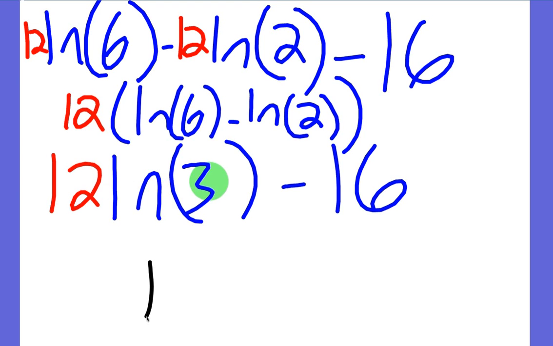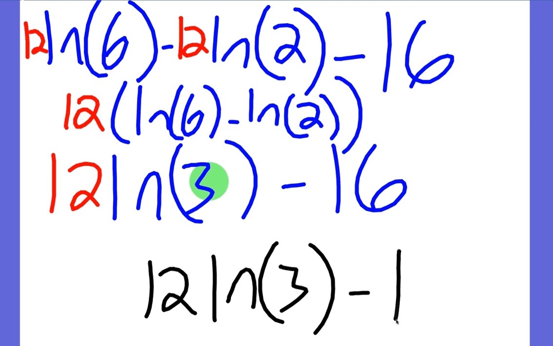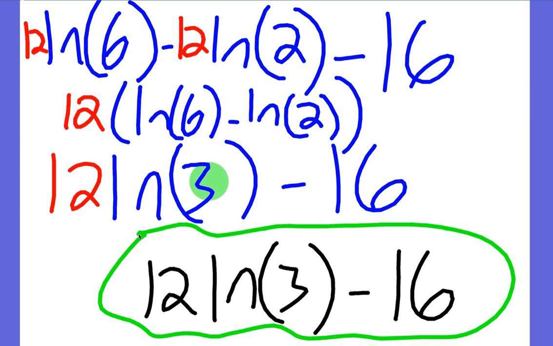So I'm just going to rewrite this answer. And again, if you're taking a test or something, you want to write it out as accurately as possible without the decimals. Let's use green because that was the color of green on our graph. So that's the area between these two curves. Now, again, because we don't know whether it's positive or negative, we have to put absolute value bars around that.